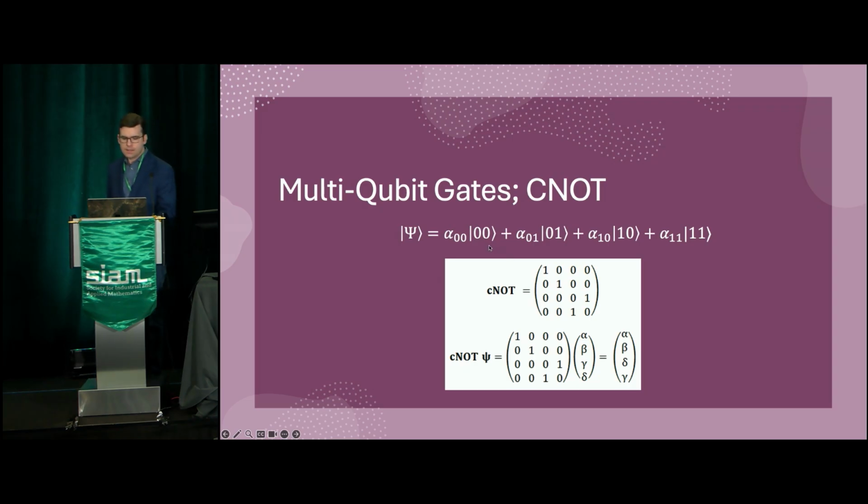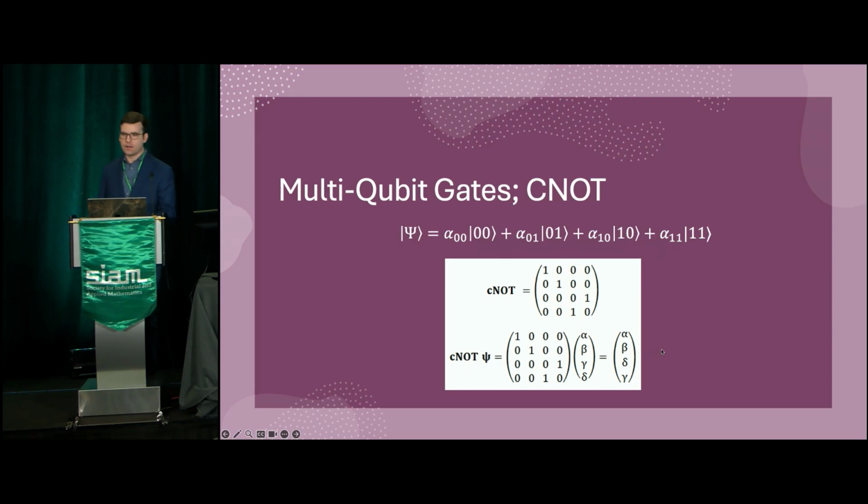And the effect of this, one way to interpret this, is that if you write out your qubits in the standard computational basis here, if your first qubit is 0, then the C-NOT gate will not change the value of the second qubit, and if your first qubit is equal to 1, then the value of the second qubit gets flipped.